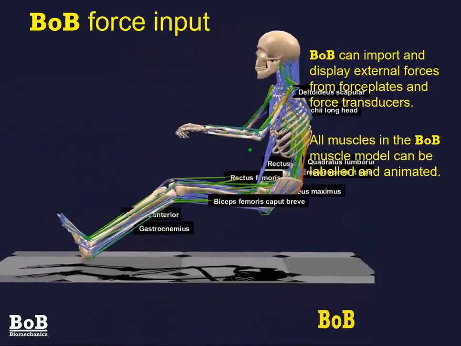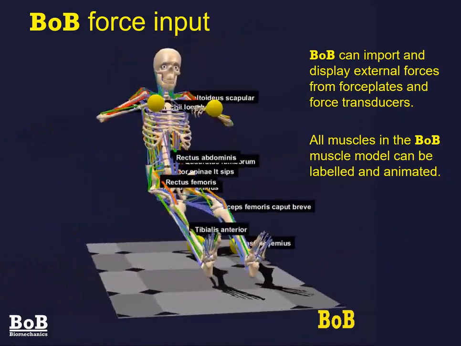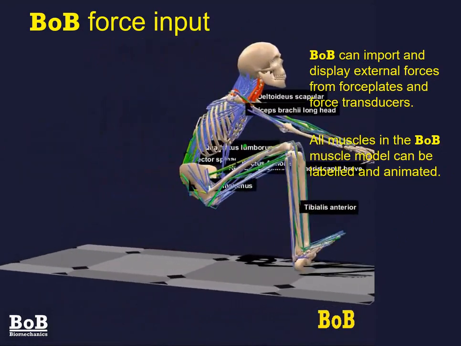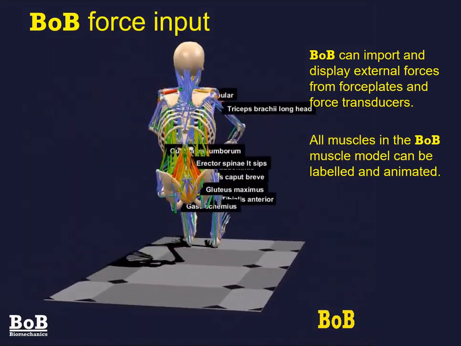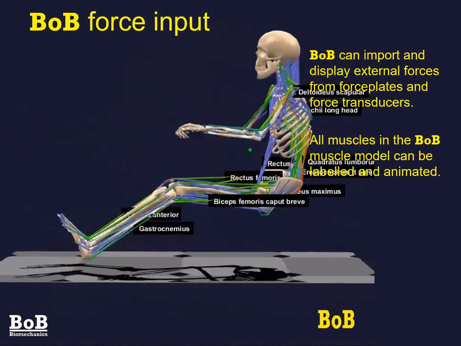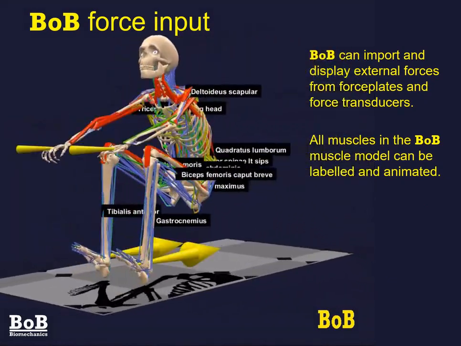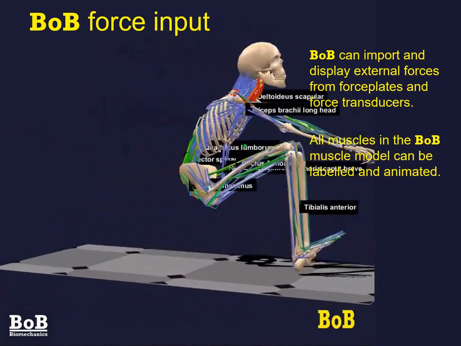And finally, for our biomechanical analysis, using inverse dynamics, we need to know what the external forces that are acting on the subject are. These forces typically come from 2 sources. The first is the force between the subject and the floor if they're walking or running or moving around. So that's termed the ground reaction force.